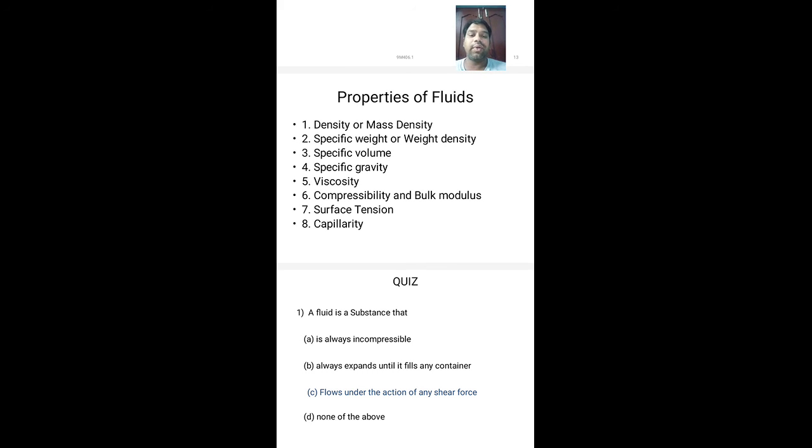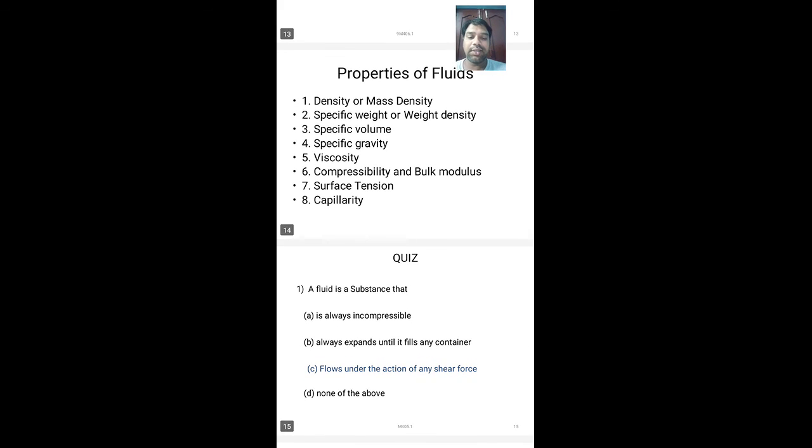What we have discussed is that a fluid is a substance that deforms continuously under the action of shear force. So the correct answer is C. A fluid flows under the action of any shear force.